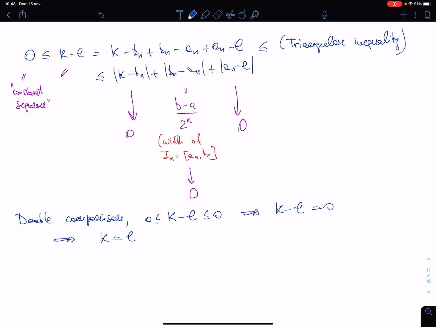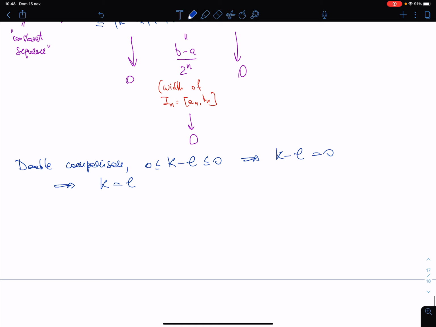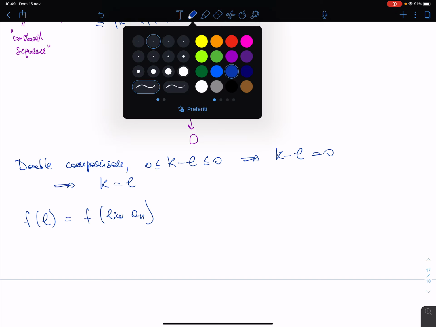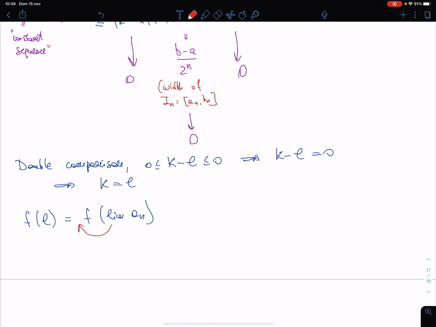Now you have to compute what is f of L. Here f of L can be seen as f of the limit of a_n. And now you use the fact that f is continuous. We never used that before. If f is continuous, the limit can be pushed outside.